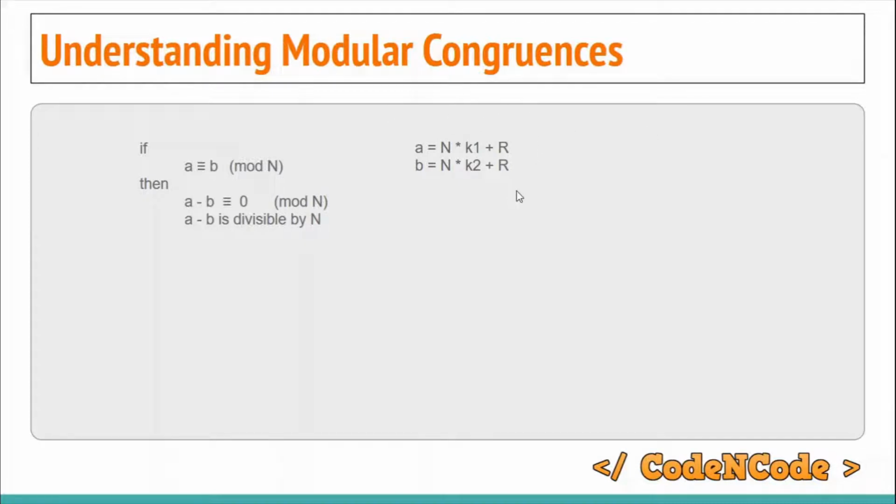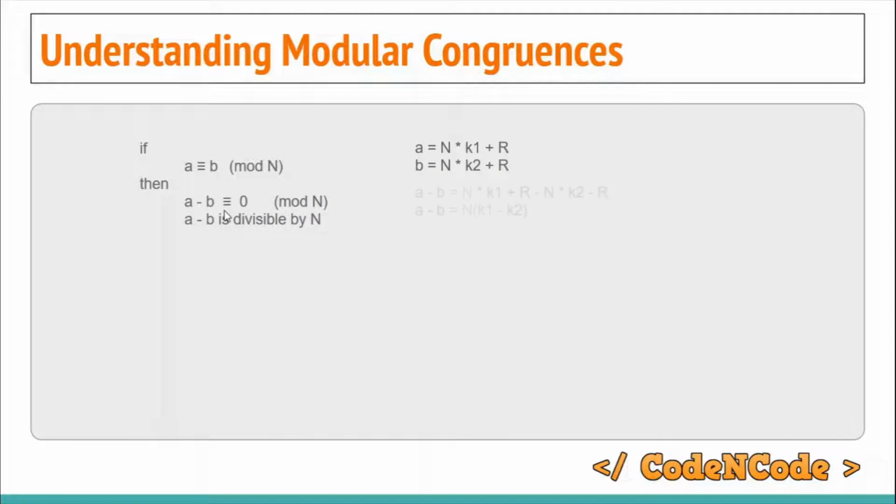I've applied Euclid's division lemma and written a as n times k1 plus r, and b as n times k2 plus r. Now you see both have the same remainder, because a and b are congruent to each other.